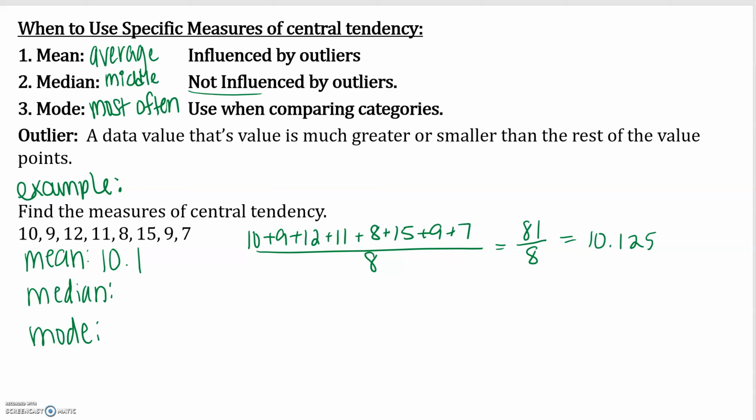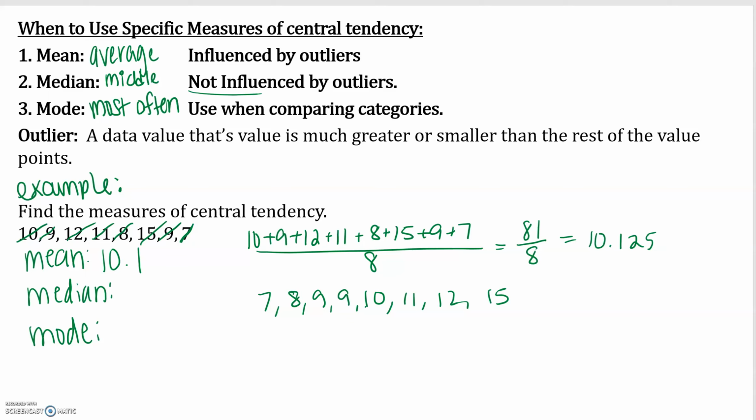Okay. For your median, remember we want to put the numbers in order, least to greatest, and then we're going to find the middle. So I have 7 as my smallest number. I tend to mark them out as I go. Then I have 8. I have 2 9s, I have a 10, 11, 12, and 15.